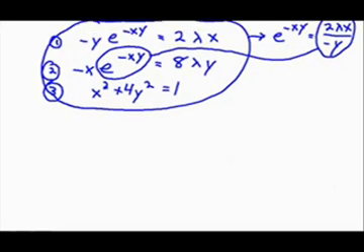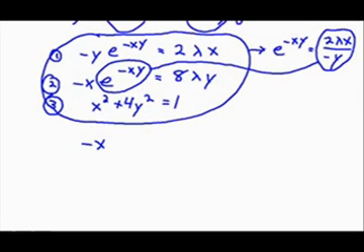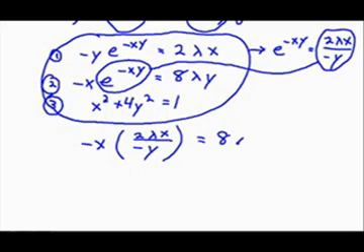And then if I do that, from equation 2 I get negative x times, substituting in the 2 lambda x, divided by negative y, or you could have the negative out in front. And then that's equal to 8 lambda y.